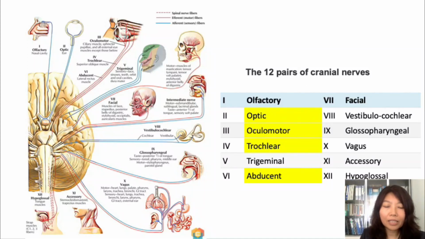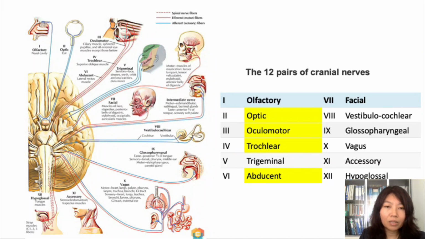So here, as we can see, there are 12 pairs of cranial nerves, and one thing that surprised us is that among these 12 pairs, we have 4 pairs related to our eyes, to our visual perception.